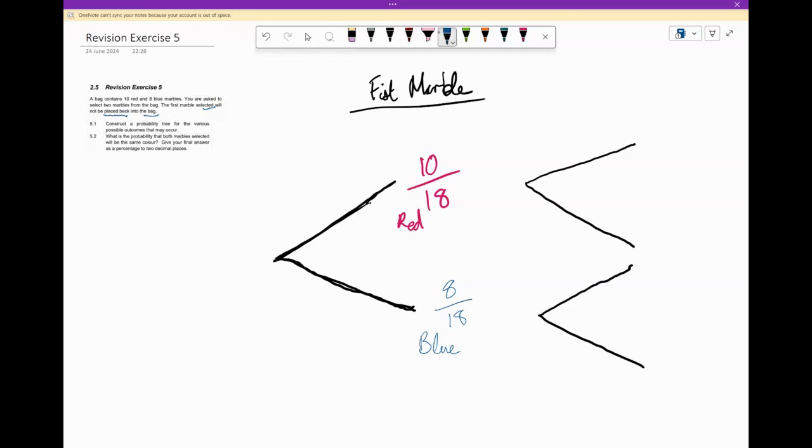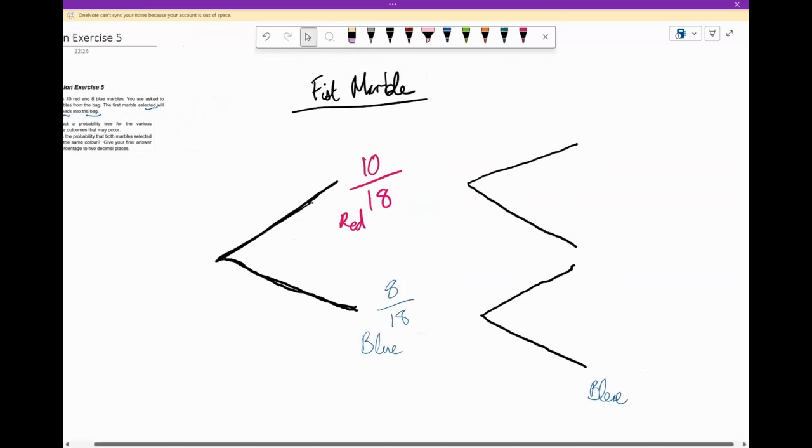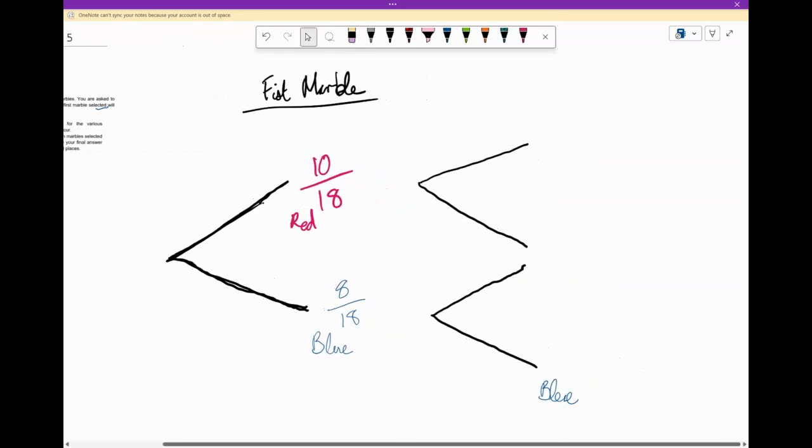If this is going to be blue, what is the probability if we select another blue marble? What is the probability that we select another blue marble?